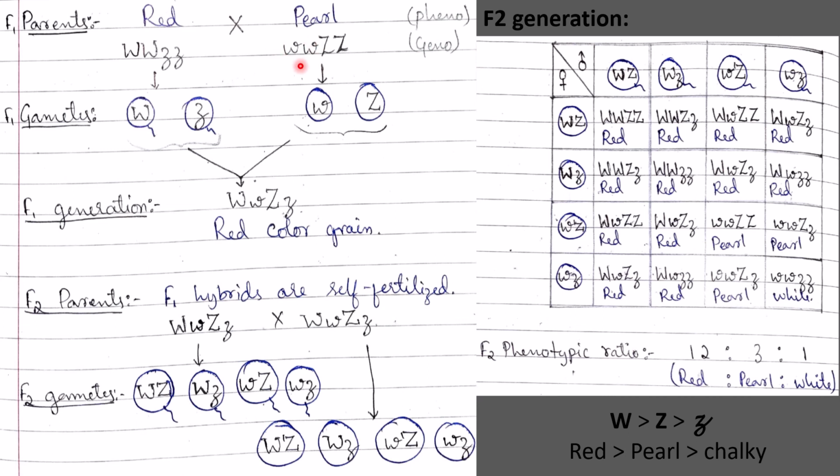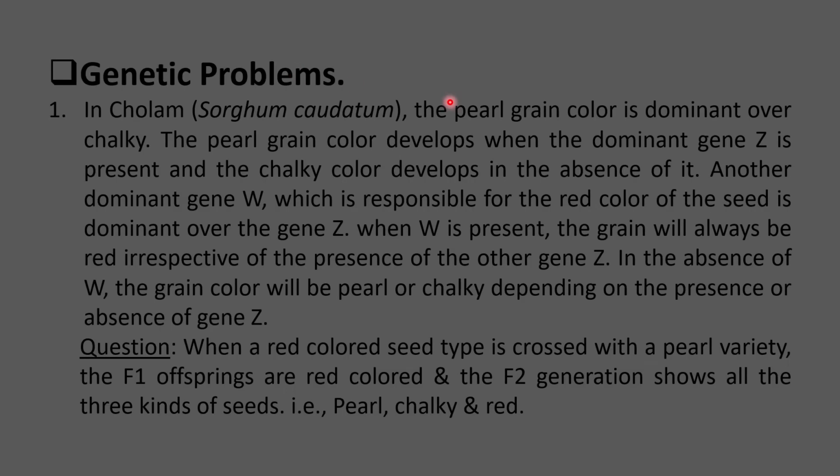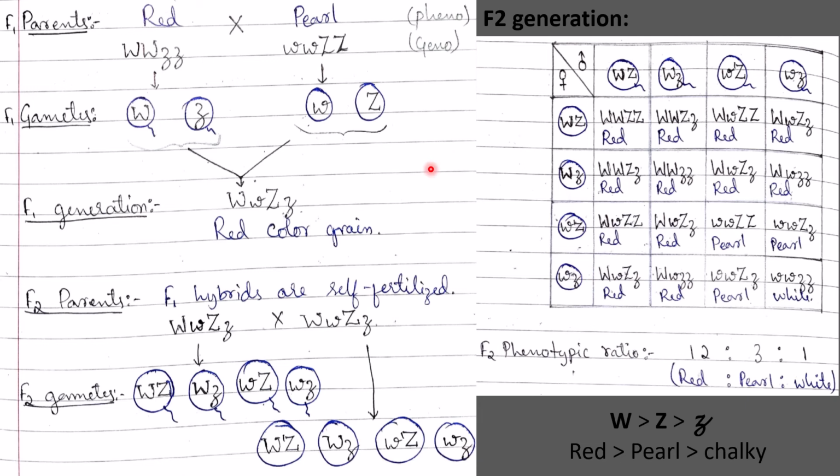Because the question says if the dominant W is present, the grain will always be red irrespective of the presence of the other gene Z. So keeping that in mind, I should always take small w, or recessive homozygous w, with the dominant Z. Only then the variety will be pearl grain variety.